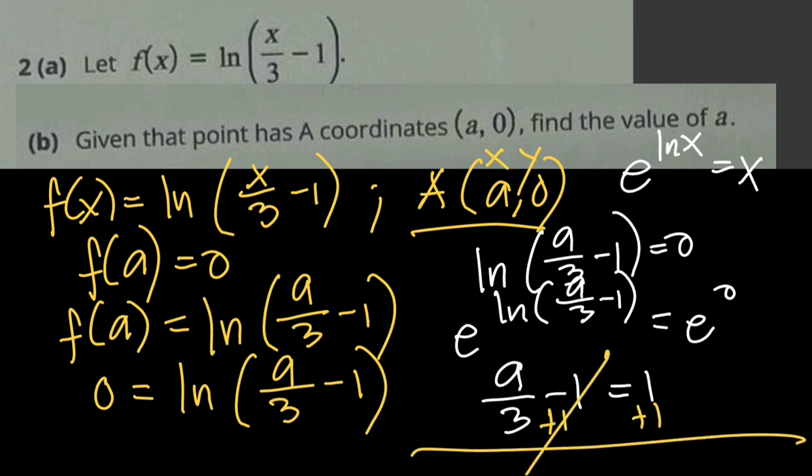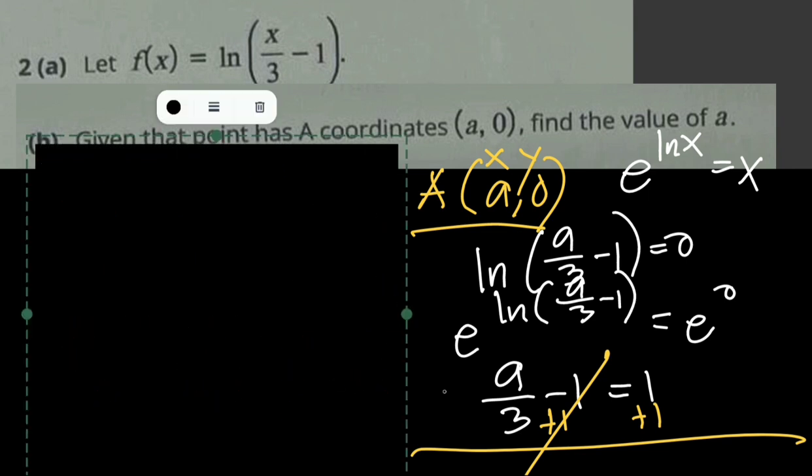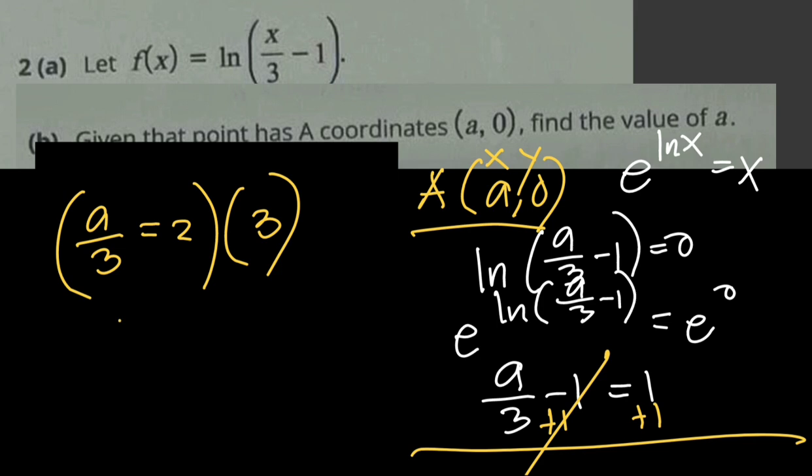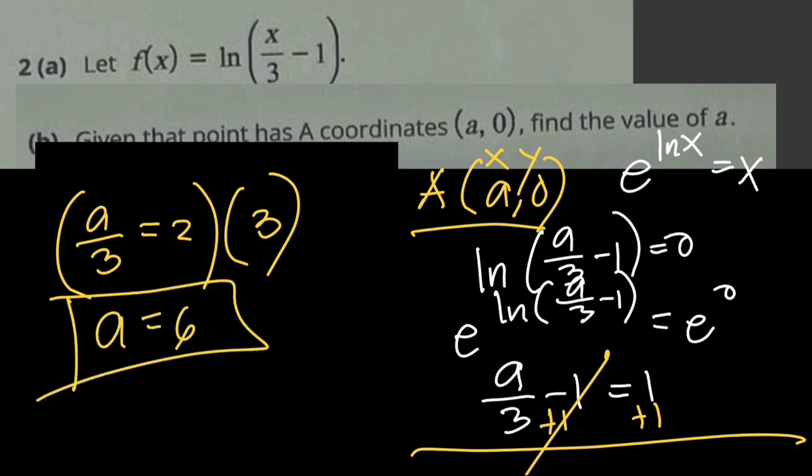Then we have A over 3 equals 2. And then we multiply both sides by 3. So this is just A equals 6. Therefore, the value of A is equal to 6 given the point A, which has coordinates A, 0. So this is just 6, 0.